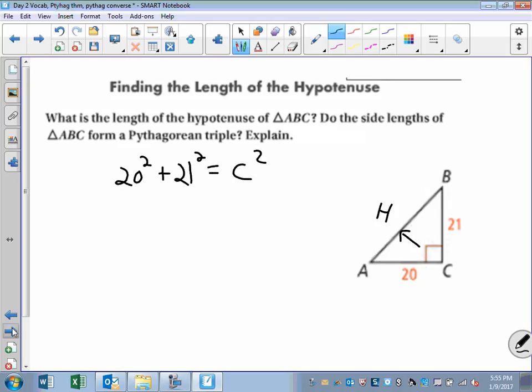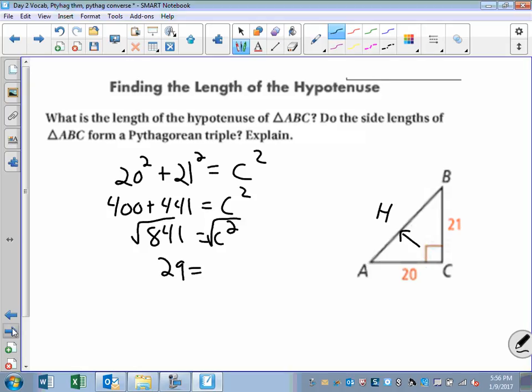So that's going to be 400 plus 441 equals c squared. That's going to be 841 equals c squared. To cancel out the square, we need to take the square root of both sides. Okay, so that would be 29 equal to c. So our hypotenuse is 29.